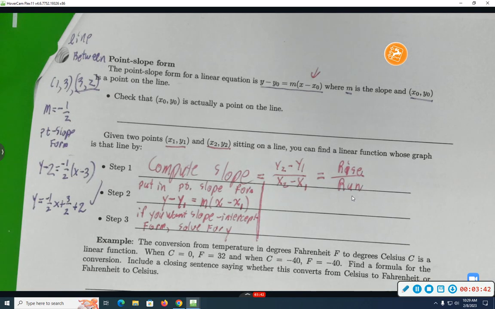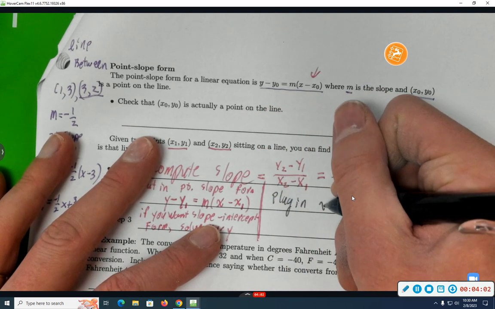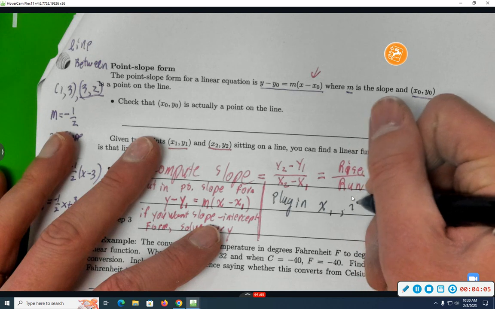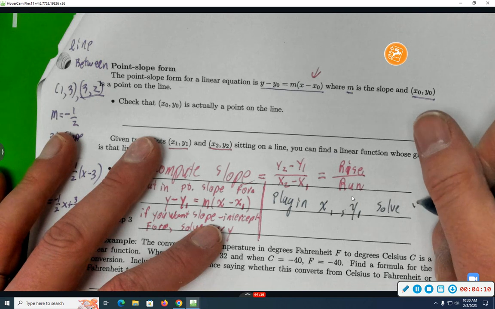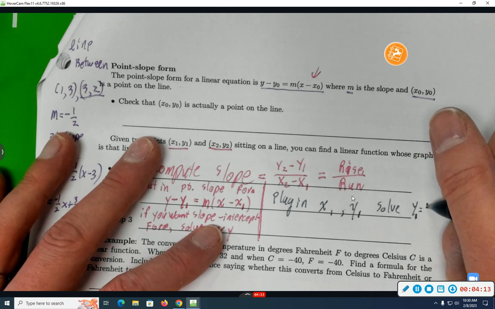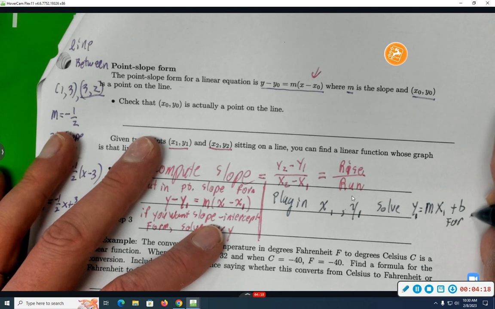So I guess the other strategy we had was, if we just want the form y equals mx plus b, you could solve for b. Plug in x1 and y1 and solve y1 equals slope times x1 plus b for b.